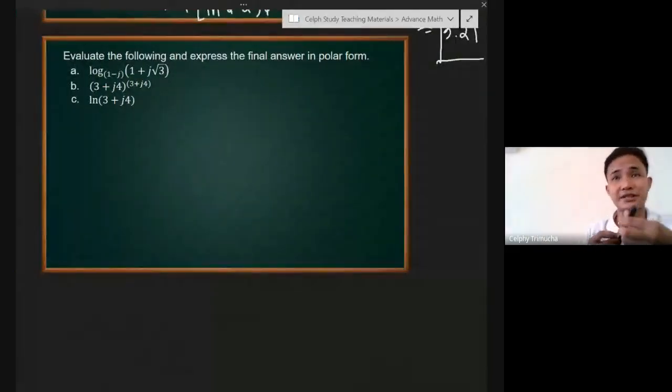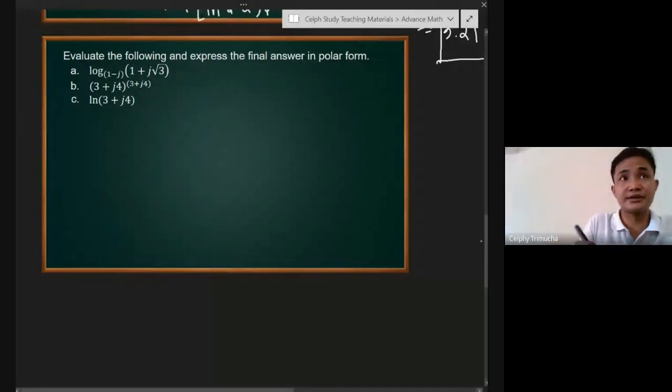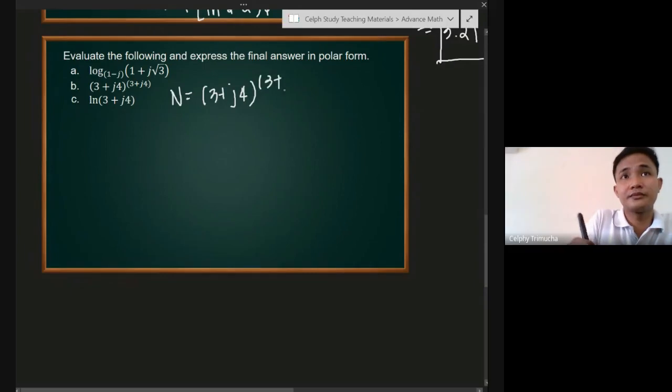Okay, so same man siya sang natun nga himuon. Let lang nato ang ari nga value si n. So we have let n is equal to 3 plus J4 raised to 3 plus J4. So take or apply the natural logarithm on both sides of the equation.